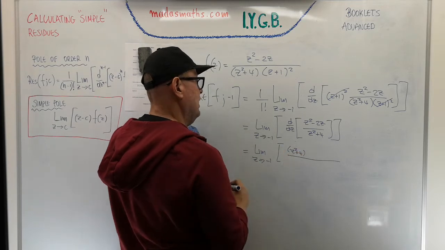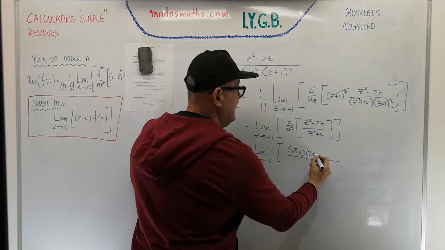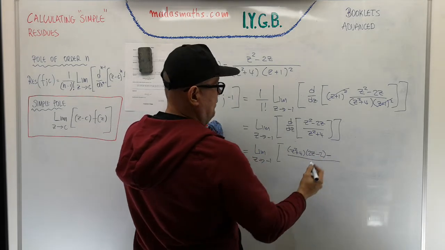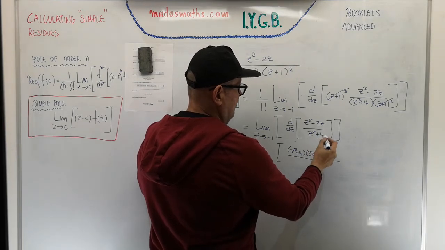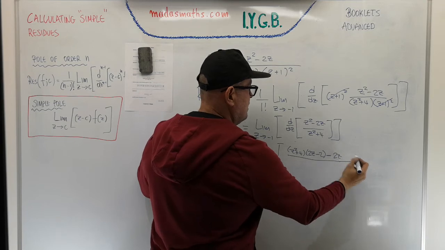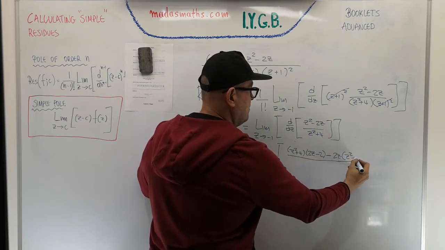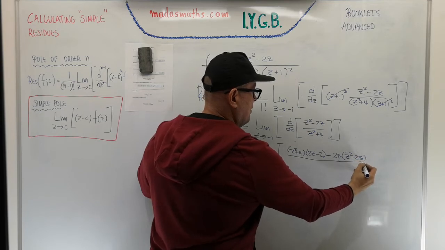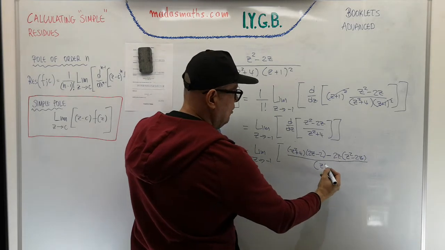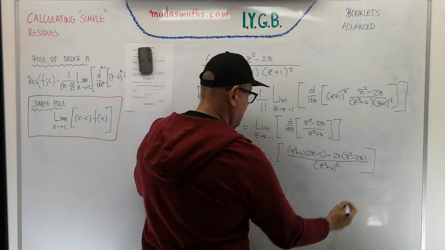That's the ordinary quotient rule here, times the differential of this expression, which is 2z minus 2, minus, now we're differentiating this thing here, which is going to produce a 2z times the top untouched, so that's z squared minus 2z. I don't think I'm going to do any simplifications. I'm just going to put my minus 1 in there and hopefully don't make a mistake. All squared. I think that's my bit.